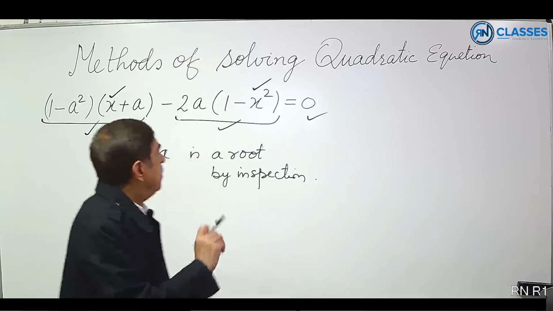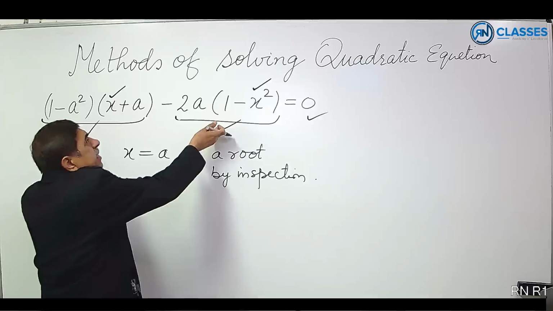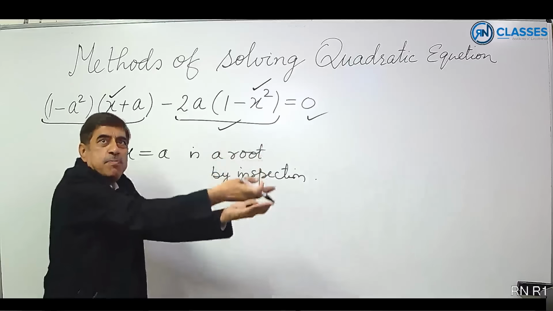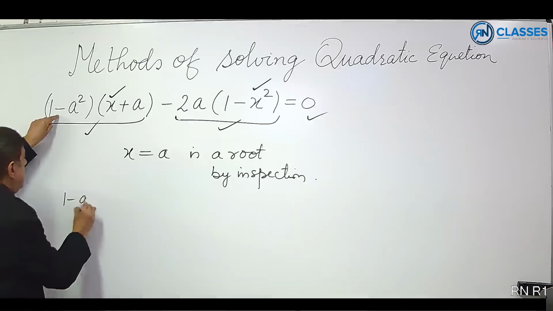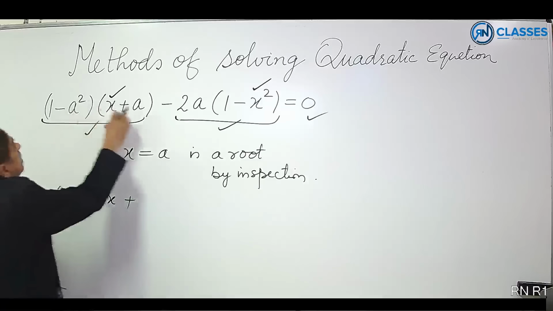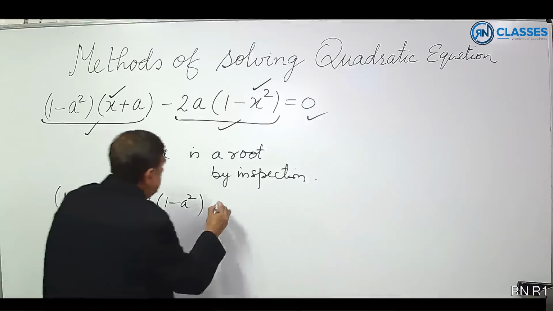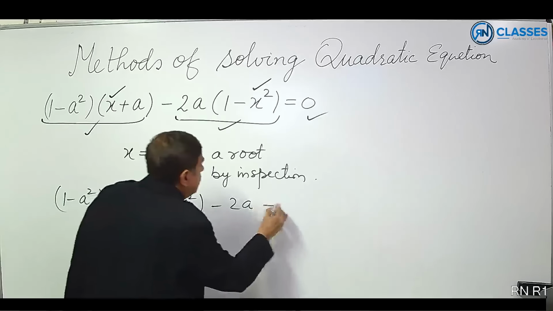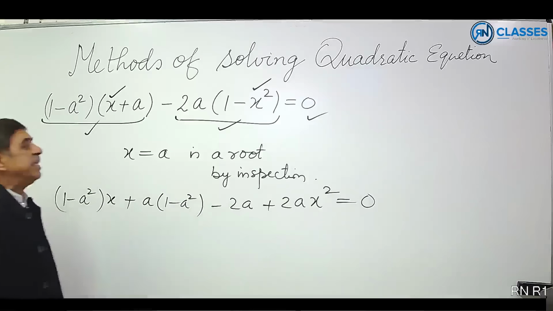Let's write this quadratic in the standard form ax square plus bx plus c equal to 0. Expanding, I can write the quadratic like this.